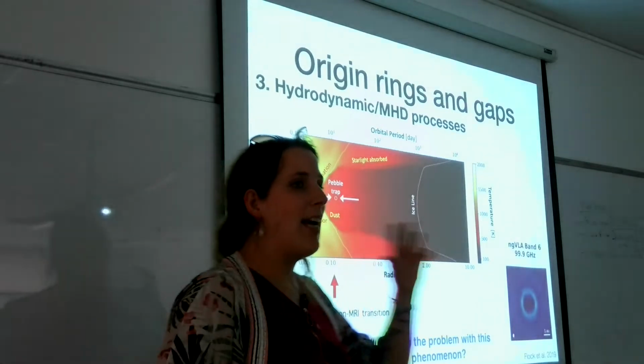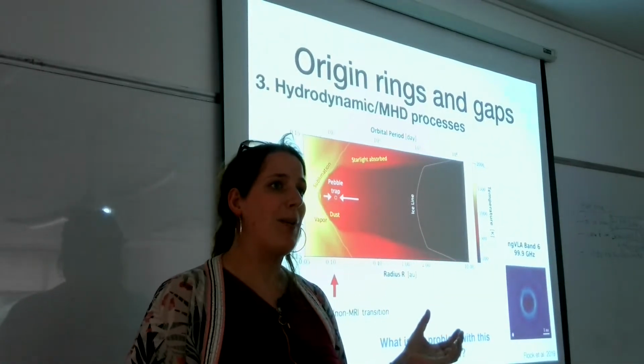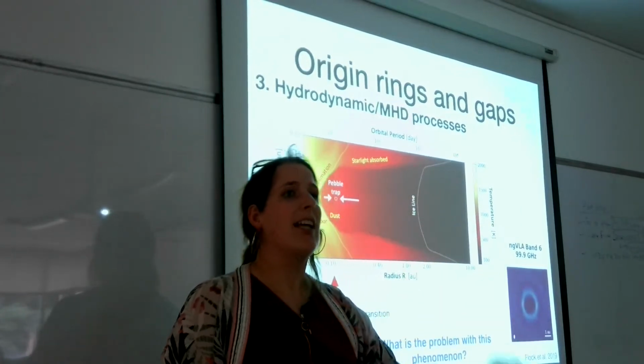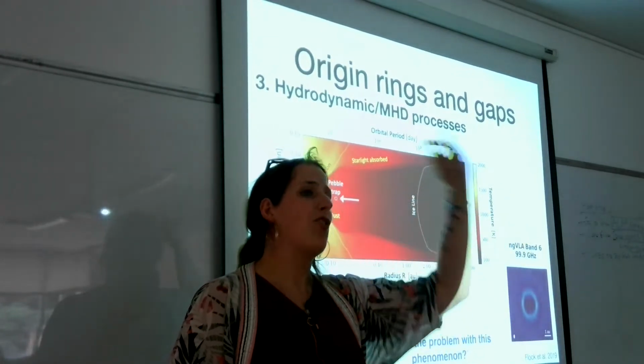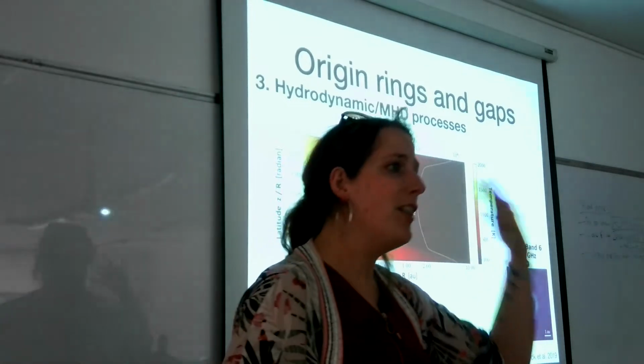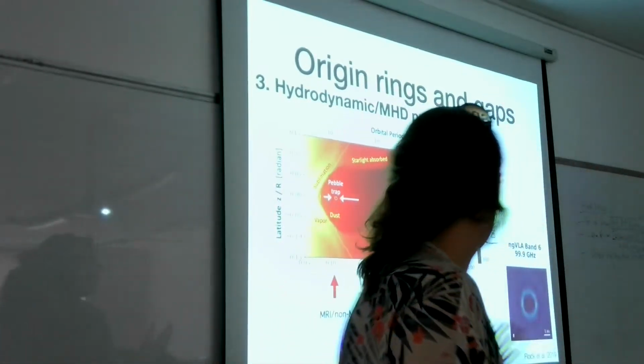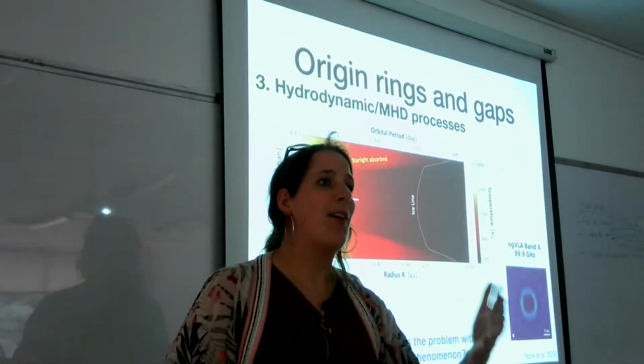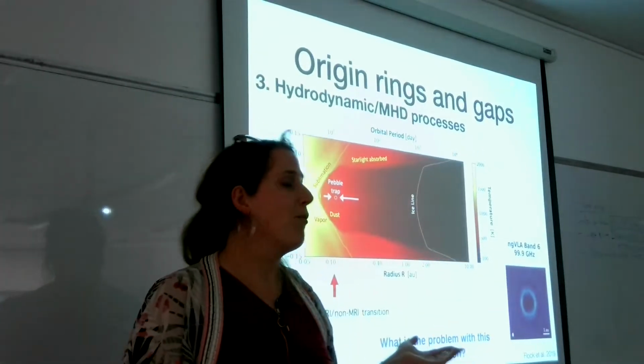Remember that I told you that the MRI, the magnetorotational instability, probably works in the very inner part of the disk where everything is very hot and very ionized. So there you can have this coupling with the magnetic fields and the MRI is active. But of course, there is a transition to the region where the MRI is no longer active, where the dead zone begins.